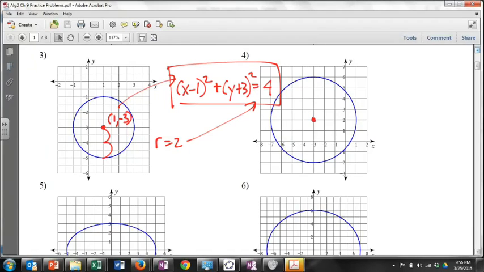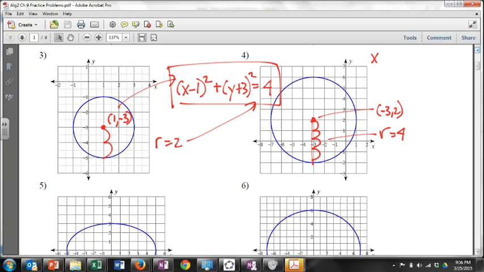Number 4, the center of this circle is at -3, 2. The radius of this circle is 1, 2, 3, 4. So r is equal to 4.